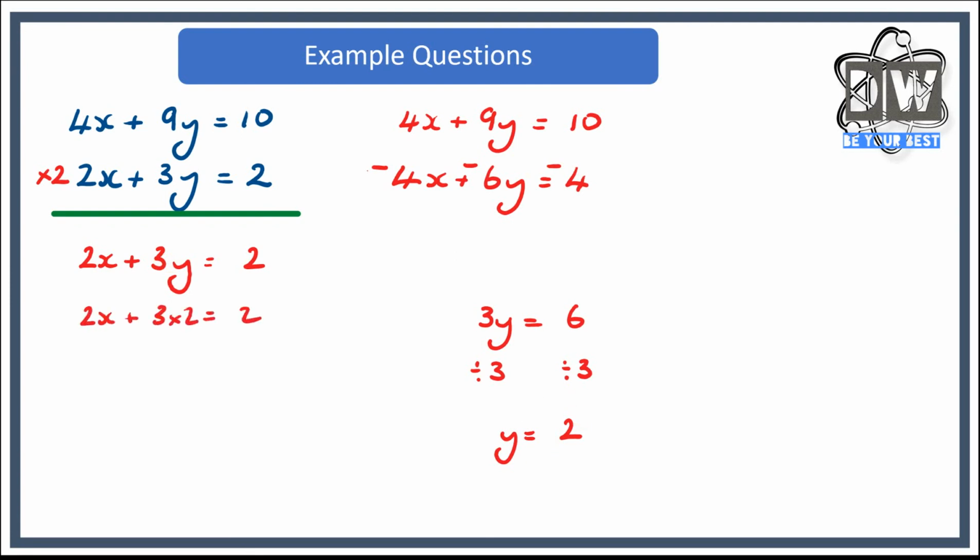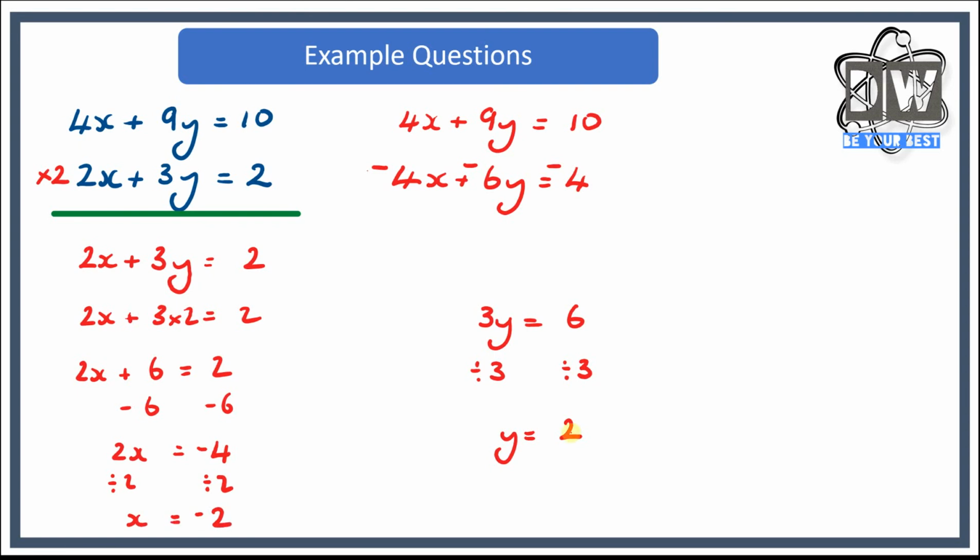So let's put that in now. So we'll end up with 2x plus 6, won't we, equals 2. Take away 6 from both sides, and we're going to be left with 2x equals minus 4. Divide both sides by 2, and we end up with x equaling minus 2.